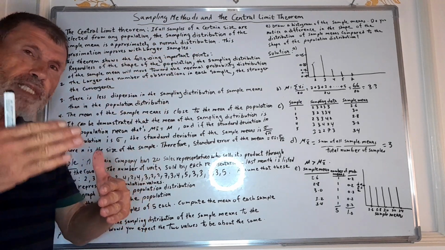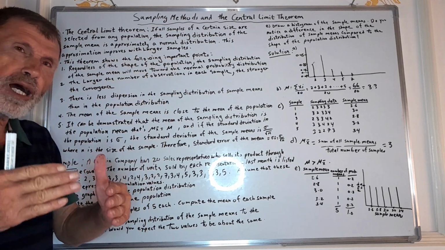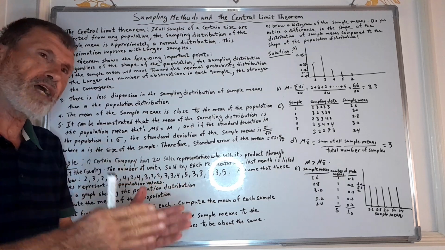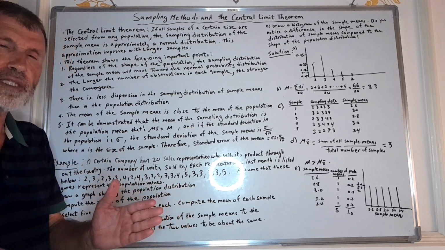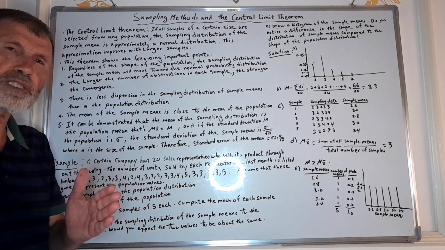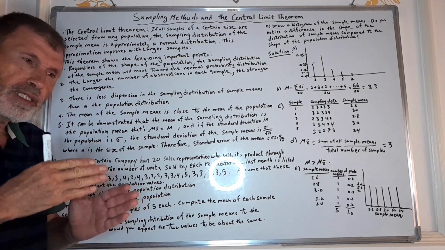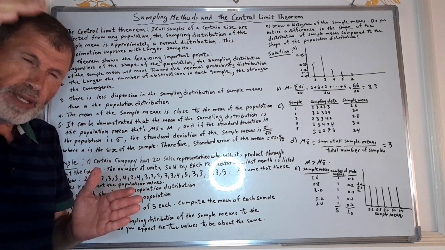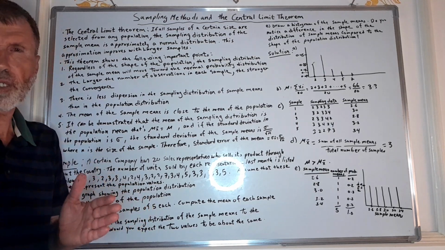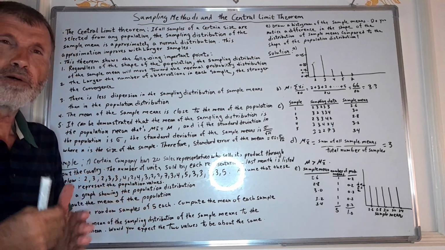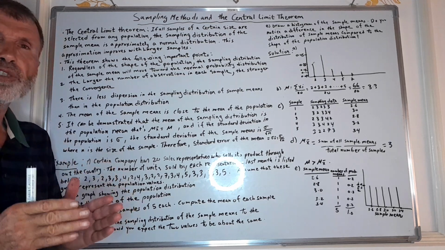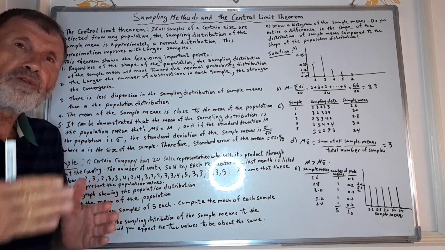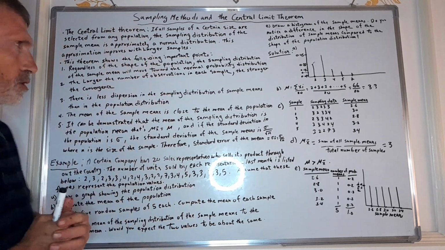Instead of 5 items, you have 15 items, or instead of 15, you have 20 or more. Then when the sample size increases, we expect the sampling distribution of the means to converge to a normal distribution.